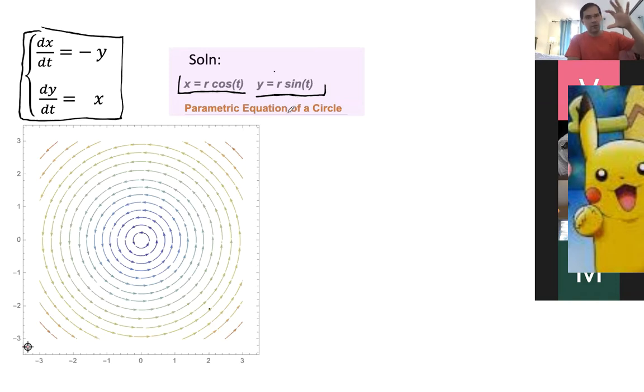So when you specify a radius, for example, 1, then let's say this is the differential equation or system of differential equations. There are many, many solutions, but you're looking for one specific solution, one function.